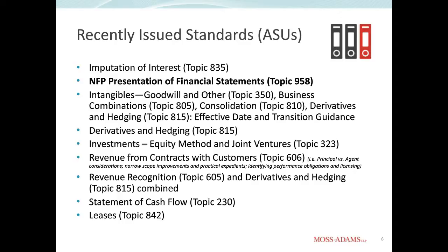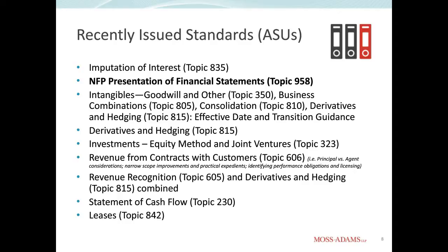And that is effective for fiscal years beginning after December 15th, 2018 for public entities, and again, nonprofits with conduit bonds, or years beginning after December 15th, 2019 for other organizations.